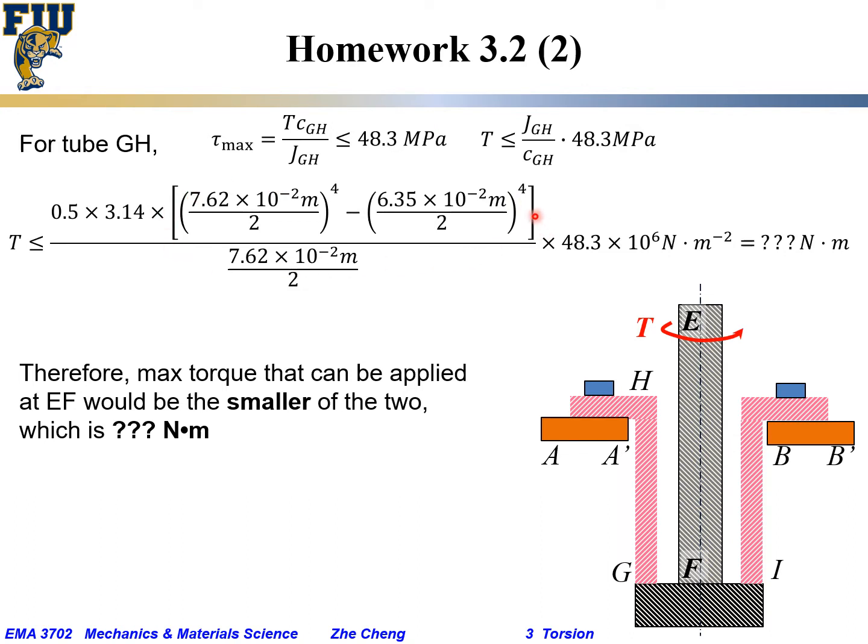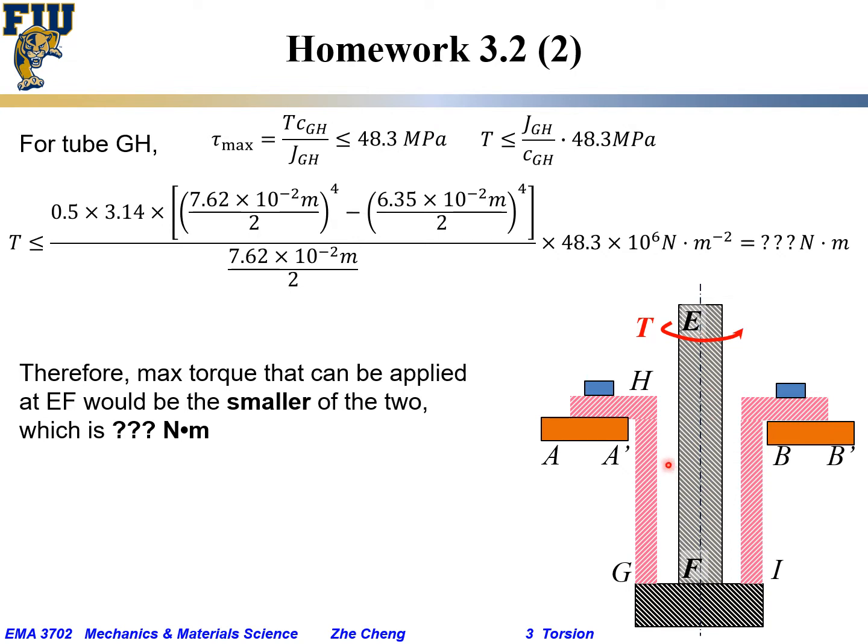That's the J term for this hollow tube, times the allowable stress. In the denominator, it would be the outer radius for the tube, which is 7.62 centimeter divided by 2. You plug in the number, you get another T value, allowable torque value in Newton times meter.